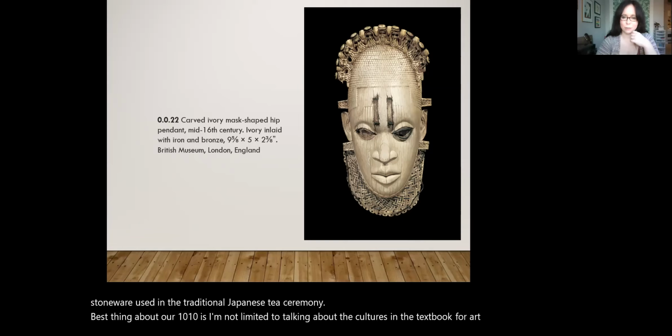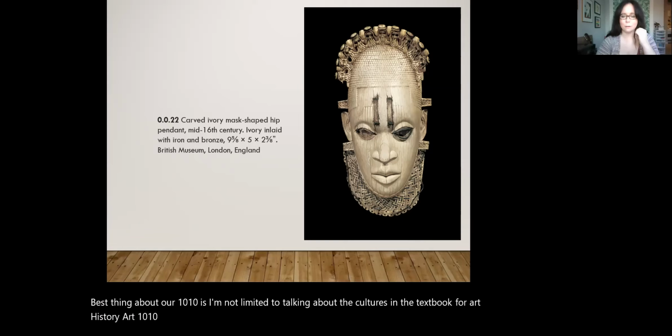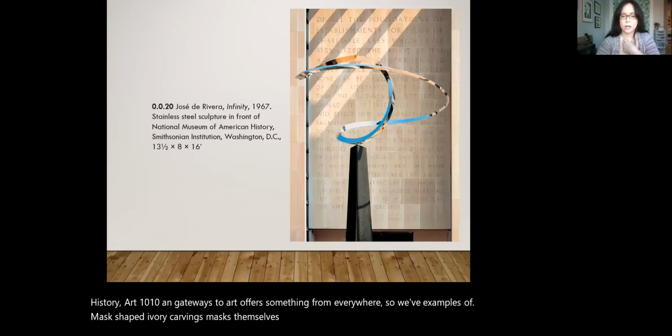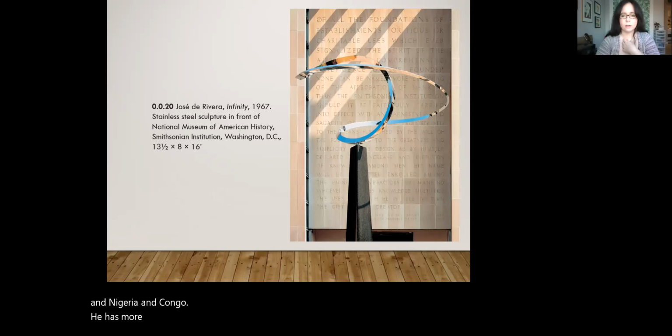Art 1010 and Gateways to Art offers something from everywhere. So we have examples of mask-shaped ivory carvings, masks themselves from West Africa, and countries like Cameroon and Nigeria and Congo. We have more contemporary examples and modern examples of sculpture that are more abstract.